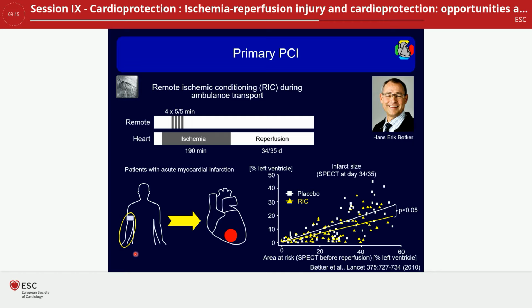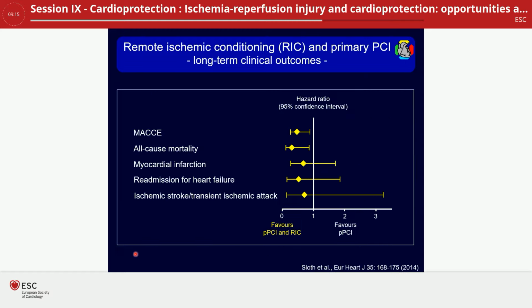And of course, there is a large scatter. But if you look at the yellow data points, it shows that those patients who had received the intervention during the ambulance and helicopter transport actually had smaller infarct size, saying that this non-invasive procedure actually reduces infarct size in patients with ST segment elevation infarction.